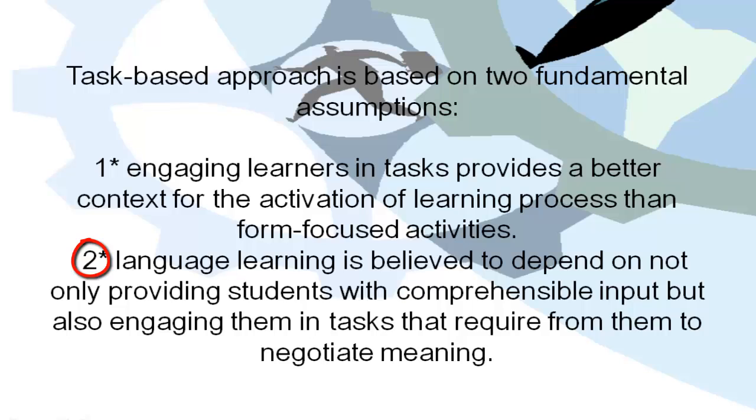It means that learners, to acquire a certain language, have to produce it, speak that language, and practice it. So in language learning, it's not only comprehensible input that is important, but also the ability of the learner to use and produce language.